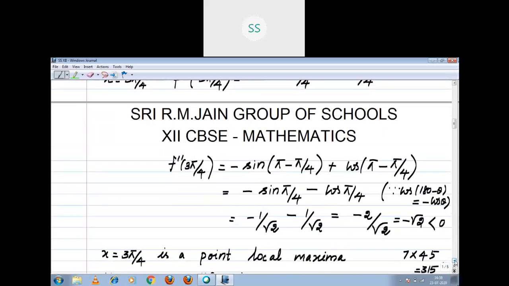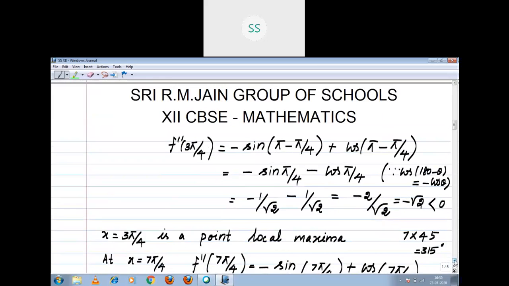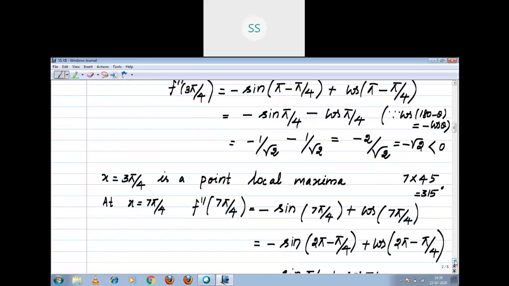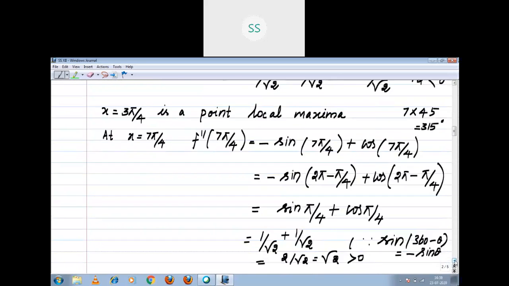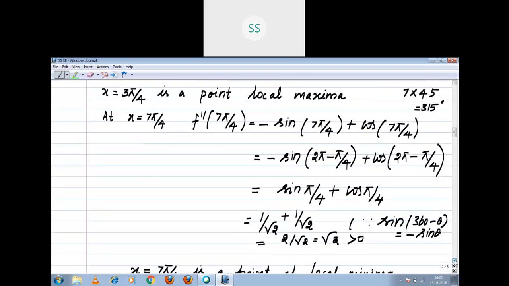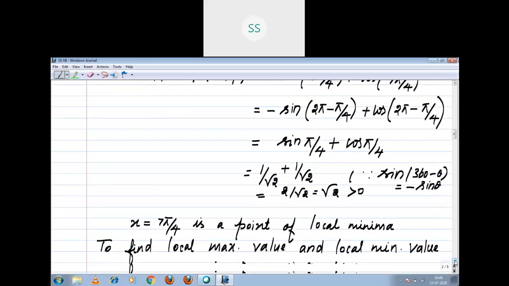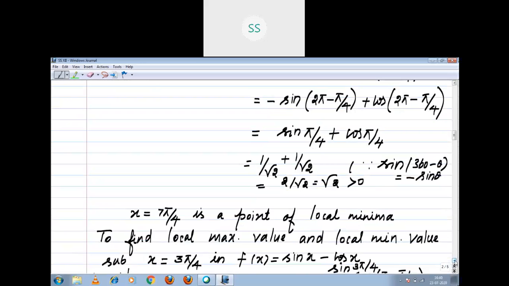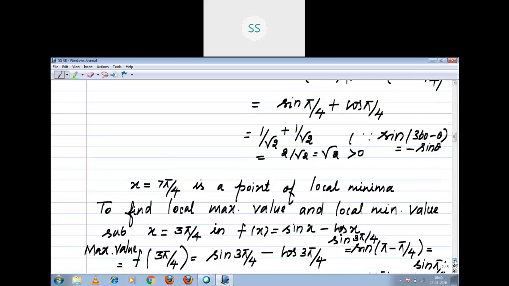That means it is local maxima. Now, 7 pi by 4, you arrived at positive. Greater than 0 means what? Local minima. Now you have to substitute the critical point in the function. Then only we can get the local maximum value and local minimum value.